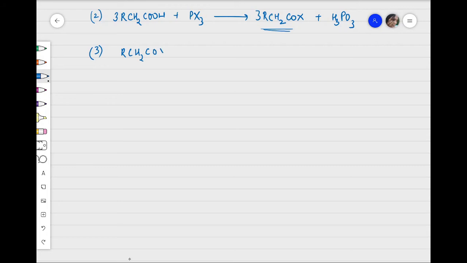ഈ ആസിഡ് ഹാലൈഡിന്മേൽ എഗെയിൻ there is a halogenation happening there. അപ്പോൾ ഇവിടെയാണ് my alpha positionൽ it is getting attached.